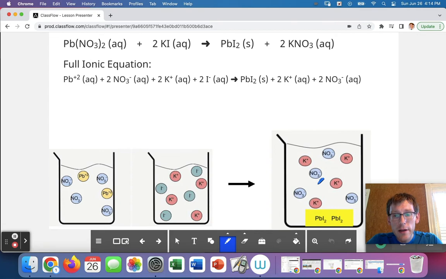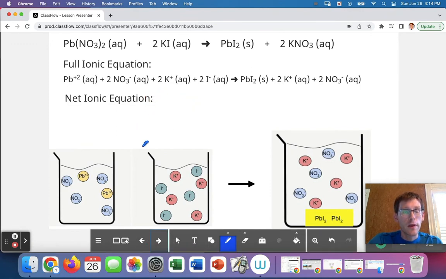So moving back here, the lead-2 iodide has precipitated, but the potassium cations are still aqueous. They have not changed. You could say the same thing about the nitrate ions. So we could say these are the spectators. They don't change in the reaction.